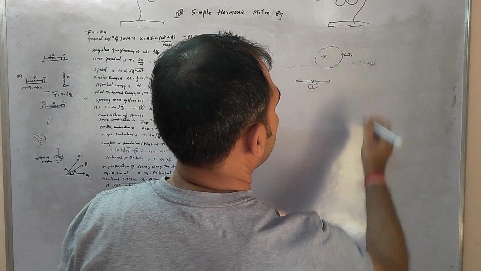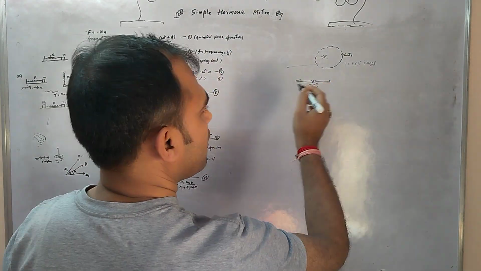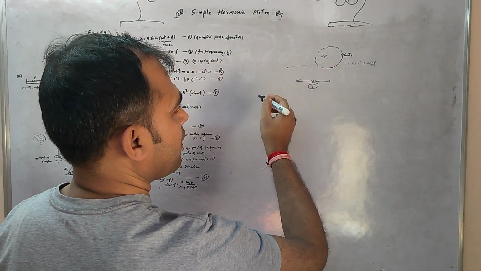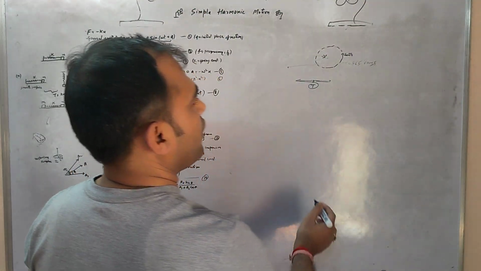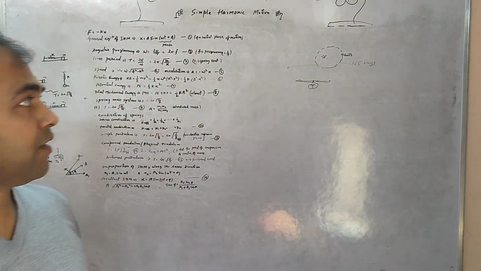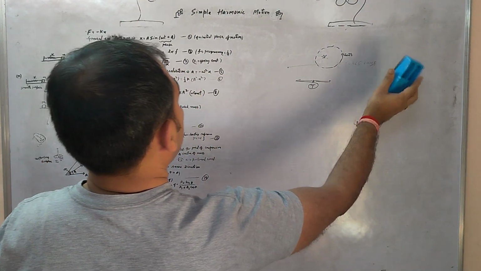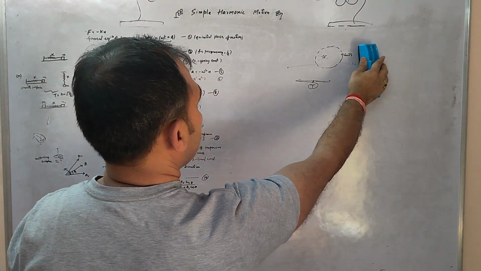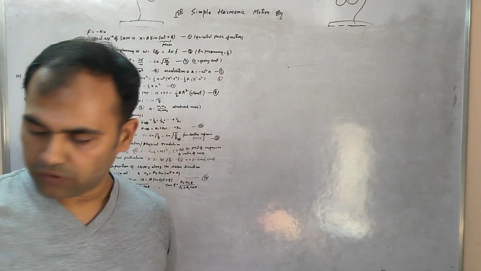But this is not a simple harmonic motion, as this is not to and fro around a particular point. So this is basically the difference. All simple harmonic motions are periodic motion, but all periodic motions are not simple harmonic motions.